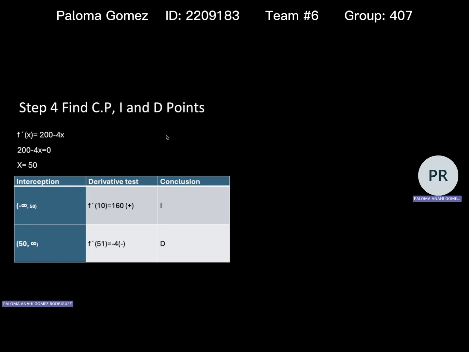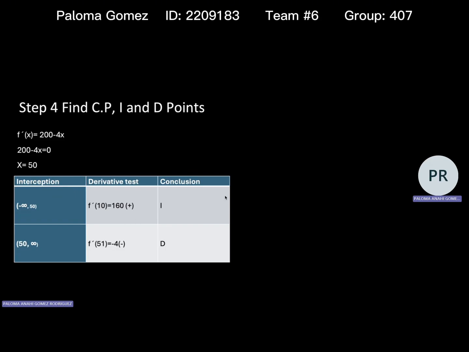Then you have to make a table. In this table, you write the different points that will help you make the derivative test. In the derivative test, you choose a point in each interval that isn't too difficult to evaluate in your function.